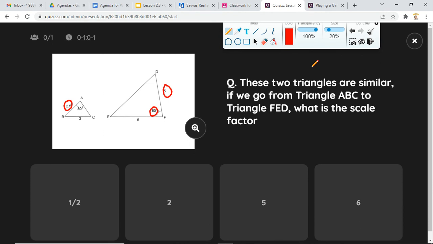Since ABC was the original and FED was the new one, we need to put our new side length over our old side length, which would be 5 over 2.5. Our new is 5, our old is 2.5, and 5 divided by 2.5 would be equal to 2. So that means 2 is the scale factor here.